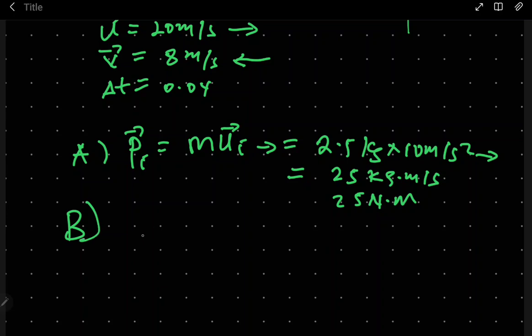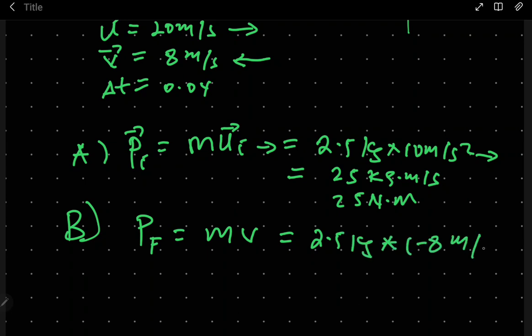Okay, now what is P final? We are looking for P final. The P final is the mass times v final. So this is equal to 2.5 kilogram times negative 8 meters per second. Negative 8 meters per second means it is in the opposite direction to the initial momentum.